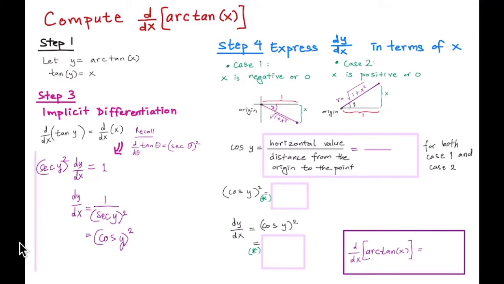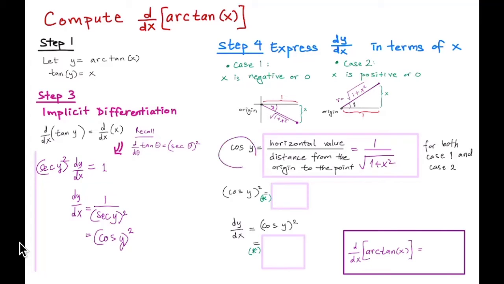And looking at this picture, the horizontal value is 1. And the distance from the origin to the point, or the hypotenuse length, is square root of 1 plus x squared. And this is true for both case 1 and case 2.